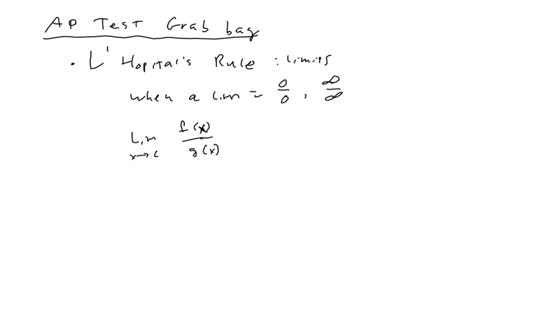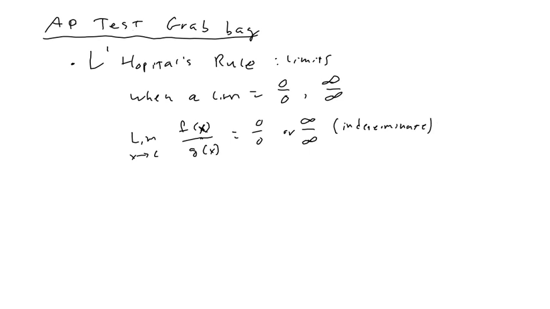When this limit equals 0 over 0 or infinity over infinity, you get basically an indeterminate form.